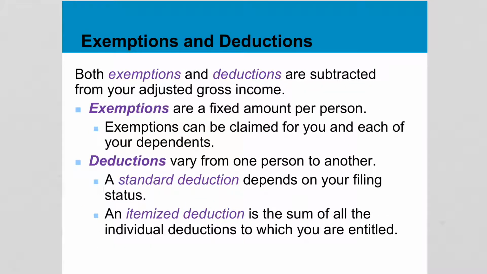Exemptions are a fixed amount per person across the board, no matter how much money you make. That's what they got rid of in 2019. Deductions vary from one person to another. There's either a standard deduction, which depends on your filing status, or an itemized deduction.